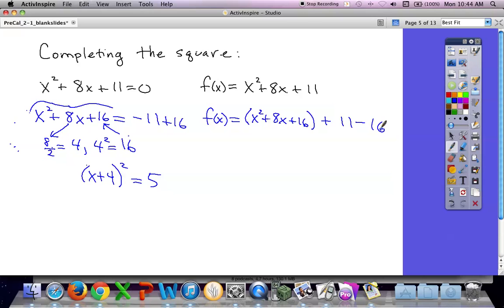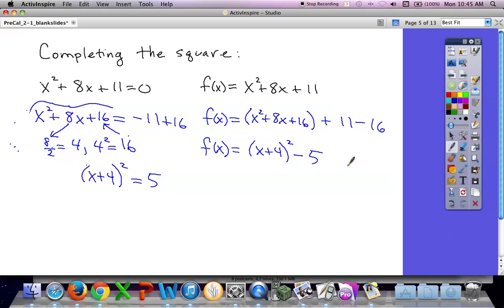So it's a slightly different process because we're dealing with a function that's solved for the f of x, right? We can't add 16 to both sides. If we add it in one spot, we take it away somewhere else. Still in balance. So here's my f of x equals x plus 4 squared minus 5.